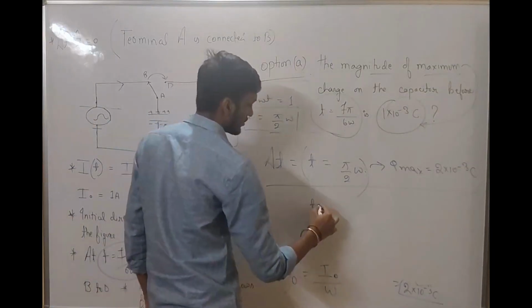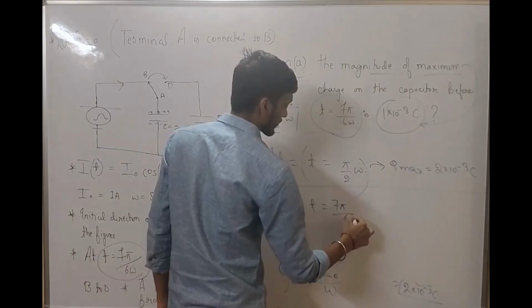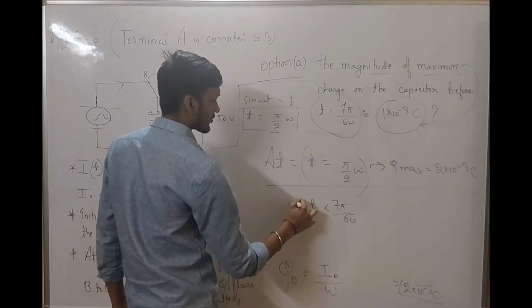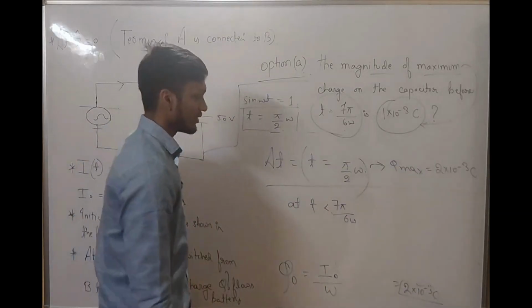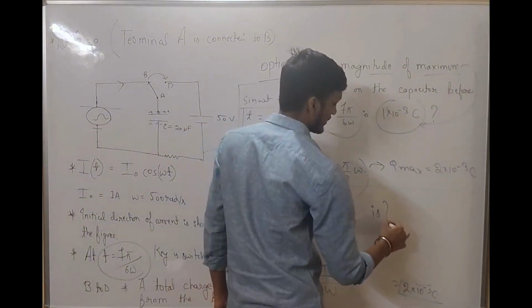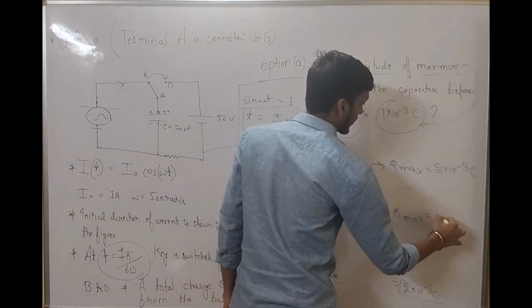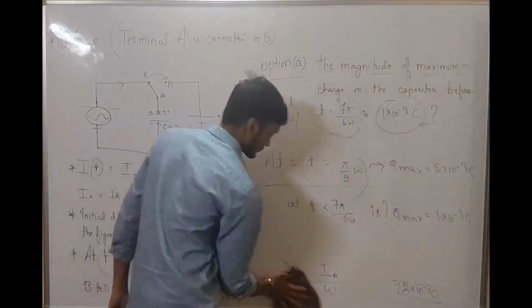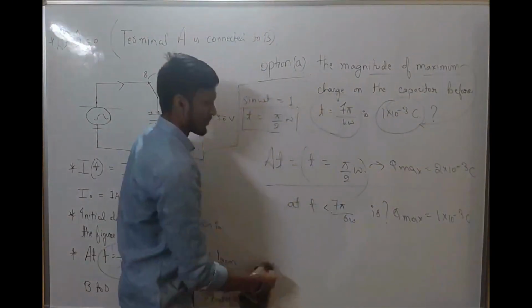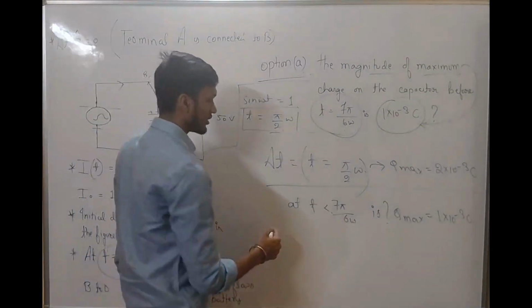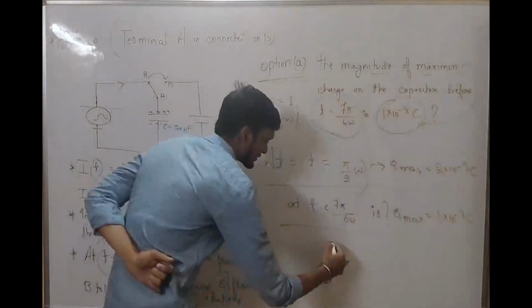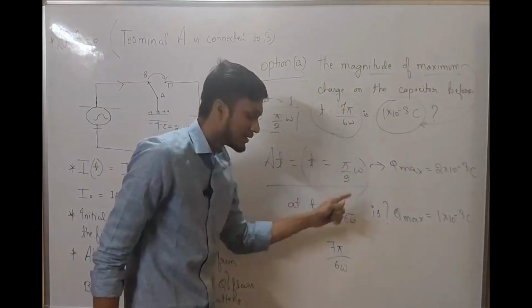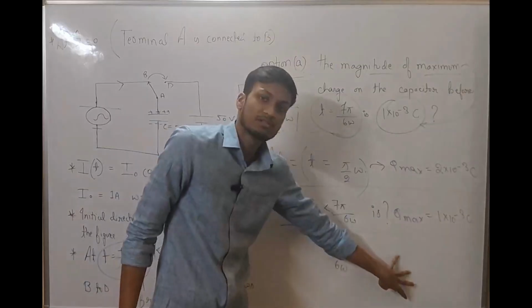So at t less than or equal to 7 pi by 6 omega, is the maximum charge 1 into 10 to the power minus 3 coulomb? Understand very carefully that for 7 pi by 6 omega, we have to analyze whether the time pi by 2 omega lies before this or after this.